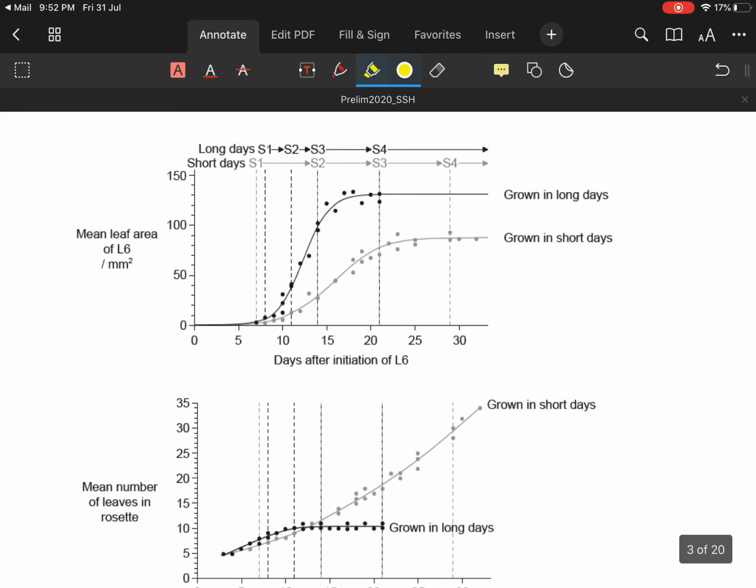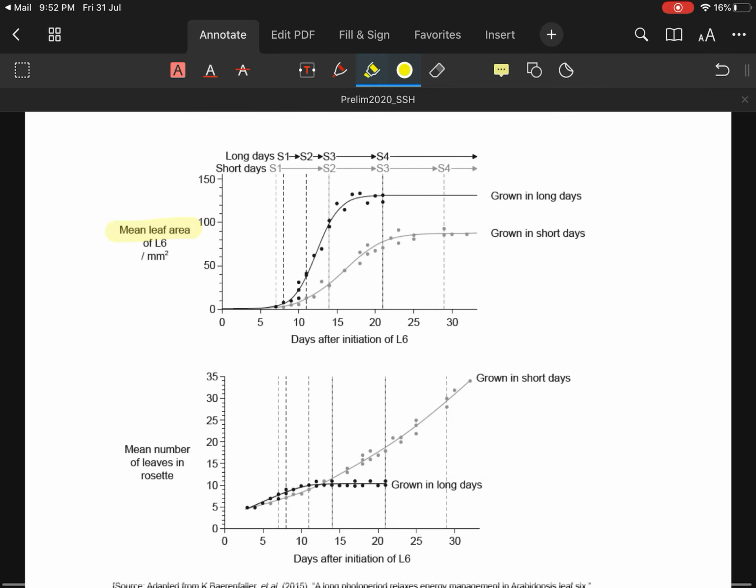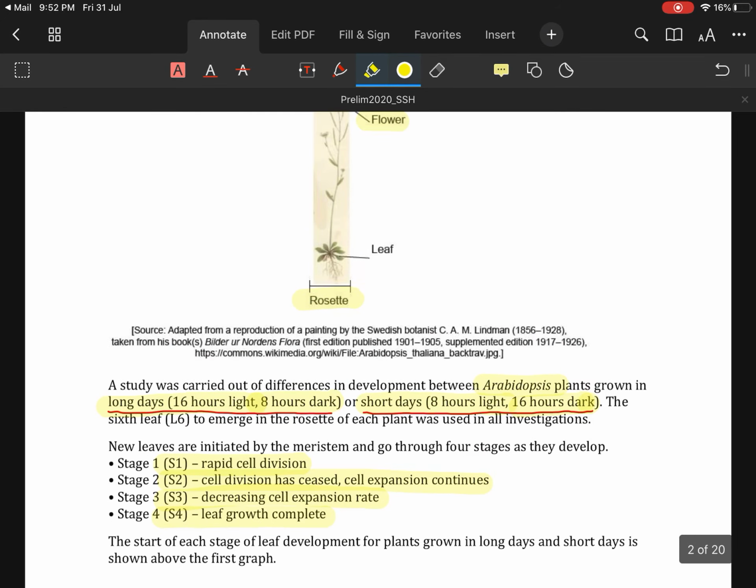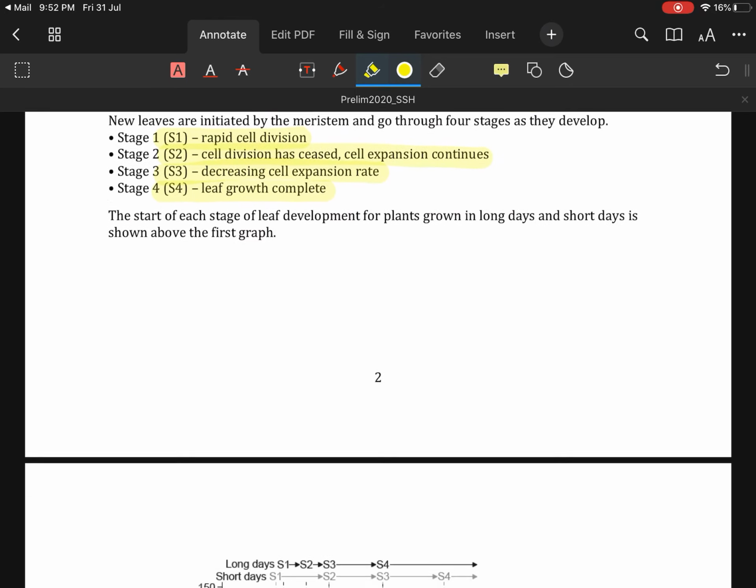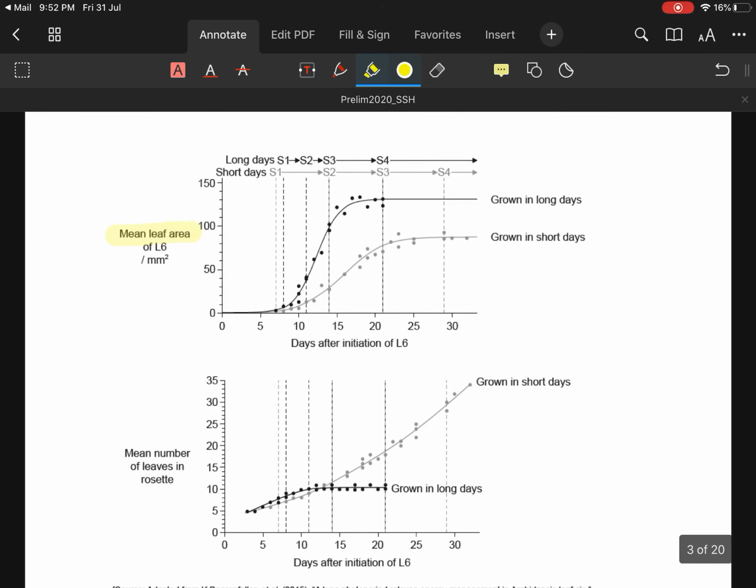Now there is a graph given of the mean leaf area. The study was done on leaf number 6. As we know, the rosette is formed, and once the 6th leaf came, we study it. The mean leaf area was studied and the mean number of leaves in the rosette is studied.